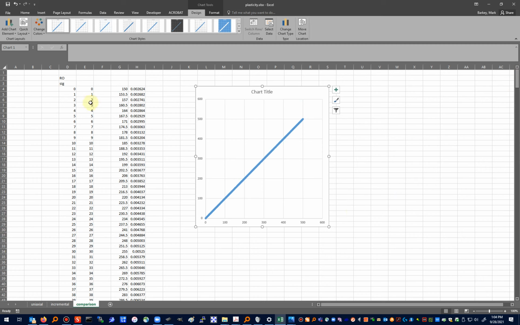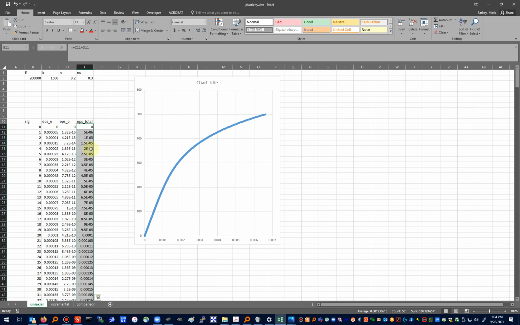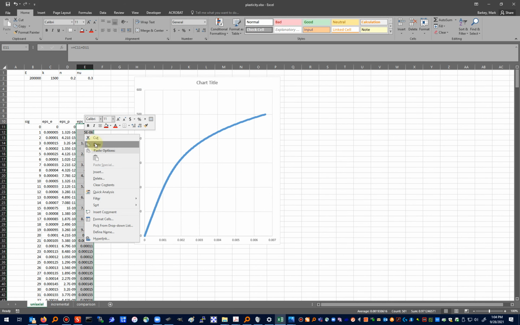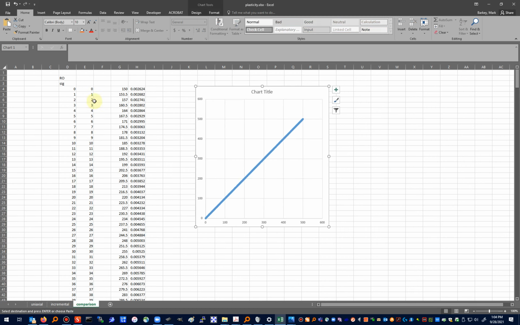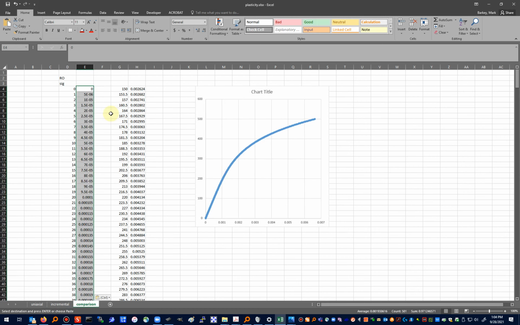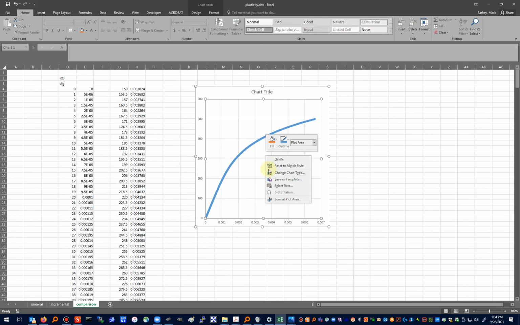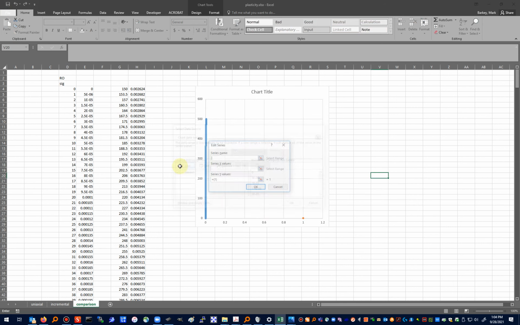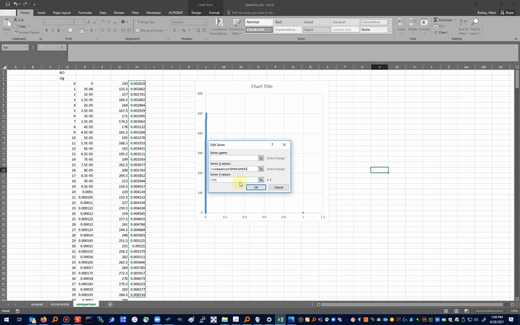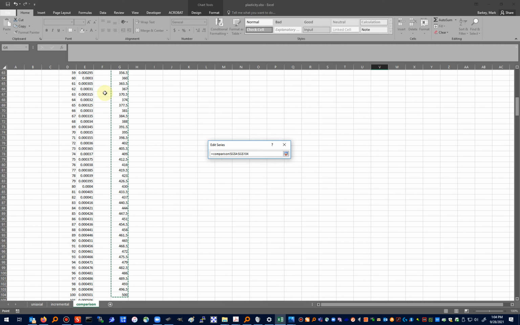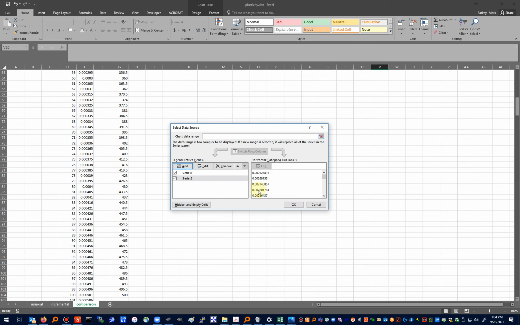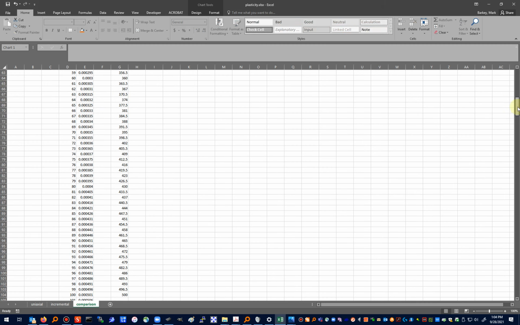What happened here? Alright, I'm not sure exactly what happened. I must have pasted something wrong. And now we're going to add a series where we use these values of total strain and we use these values of stress. And let's see what we look like.